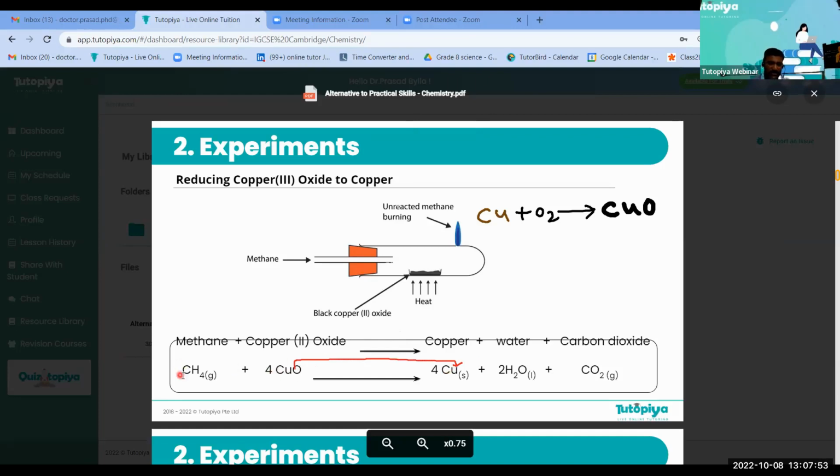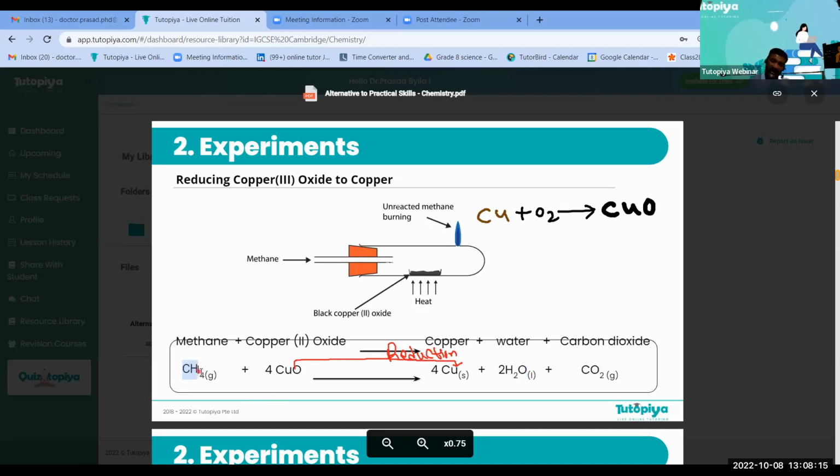Here, this copper oxide is losing oxygen, giving oxygen to methane and getting reduced to copper. So this is a reduction reaction. And this copper oxide donates oxygen to methane. So when this methane gets oxygen, all the carbon is oxidized to carbon dioxide, and all the hydrogen part is oxidized to water.